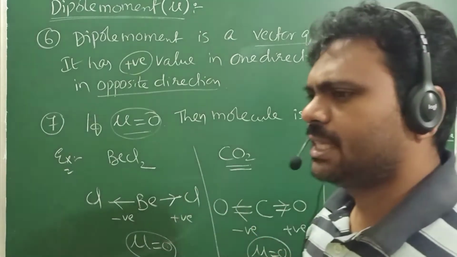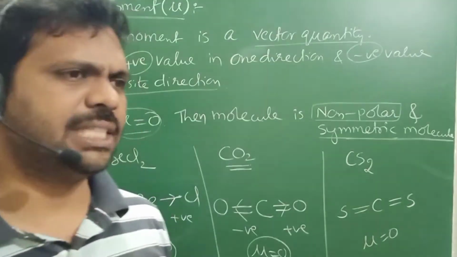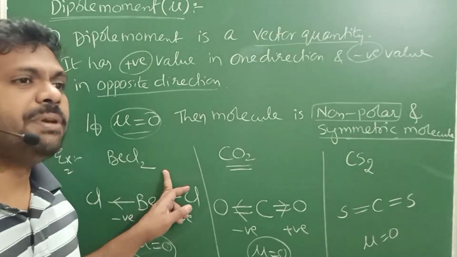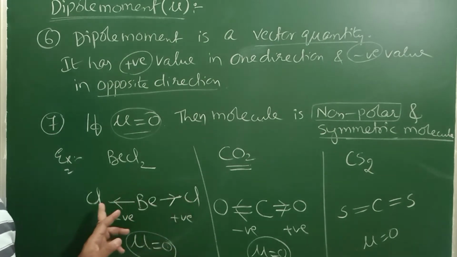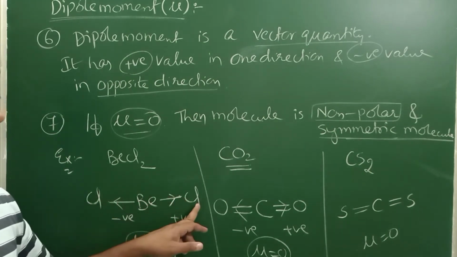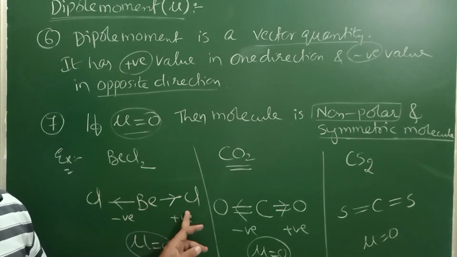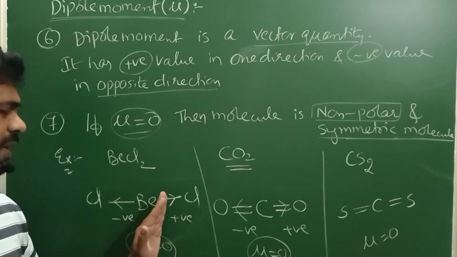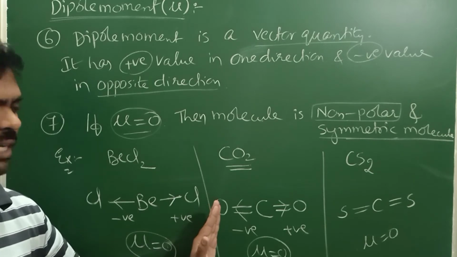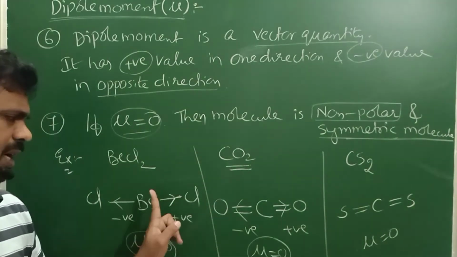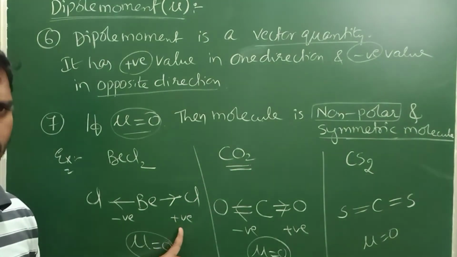For example, beryllium chloride, BeCl2. Beryllium is the central atom with chlorine on each side. Between beryllium and chlorine, chlorine has the more electronegativity, therefore the bond moment is going towards the right side. Let us say this bond moment towards the right side is a positive value.